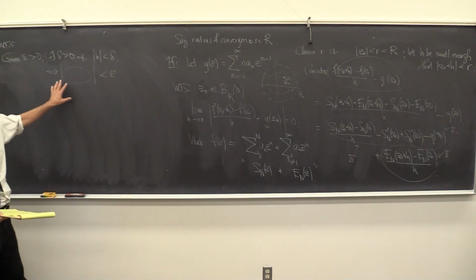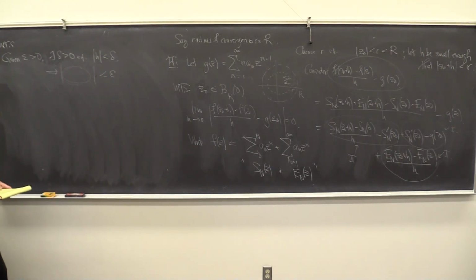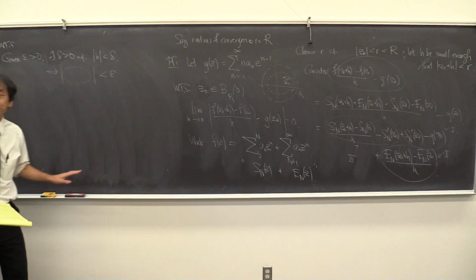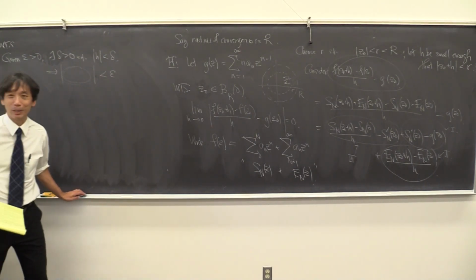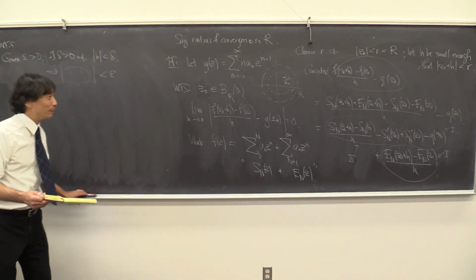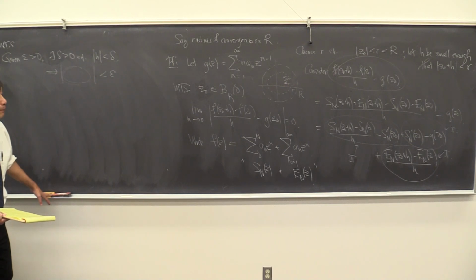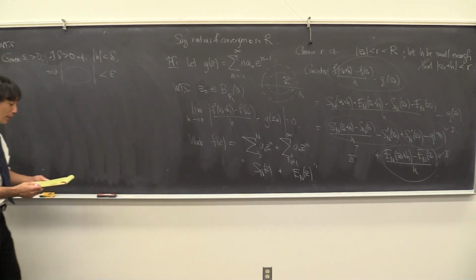We break the circled thing into these 3 parts, and we're going to control each of those 3 parts. Pretty typical analysis stuff, as you probably know.